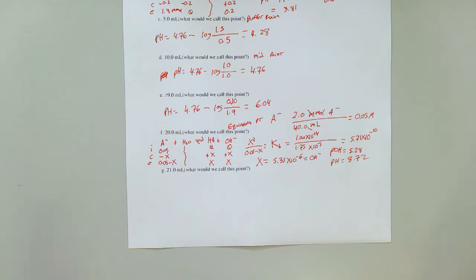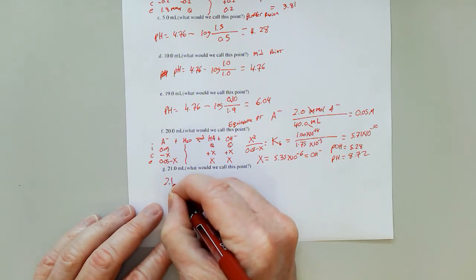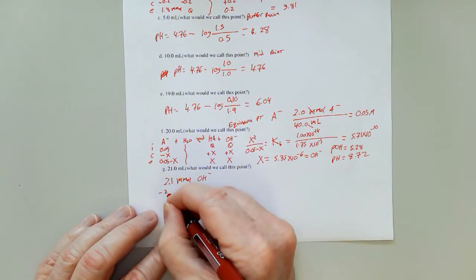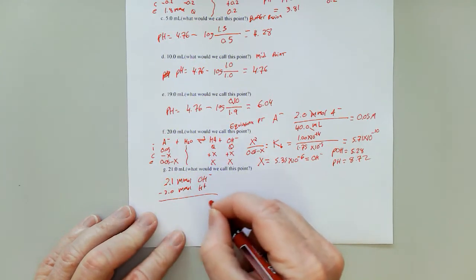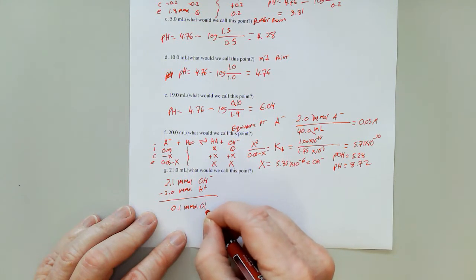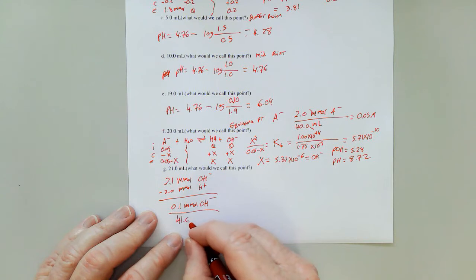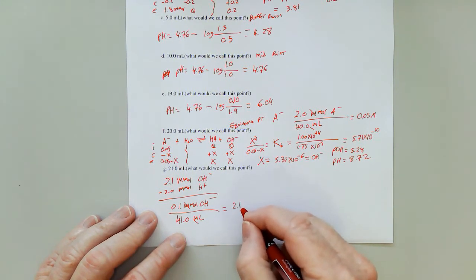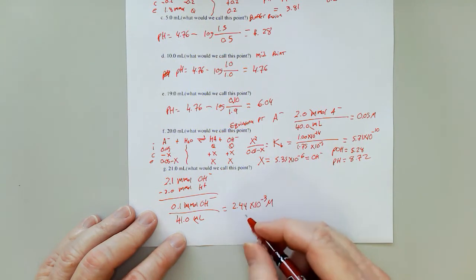What if I just have some excess hydroxide? Well, okay. I have 2.1 millimoles of hydroxide minus 2.0 millimoles of H+. That's 0.1 millimoles of hydroxide. Divide that by 41 milliliters. The milli cancels. This equals 2.44 times 10 to the negative 3rd molar.